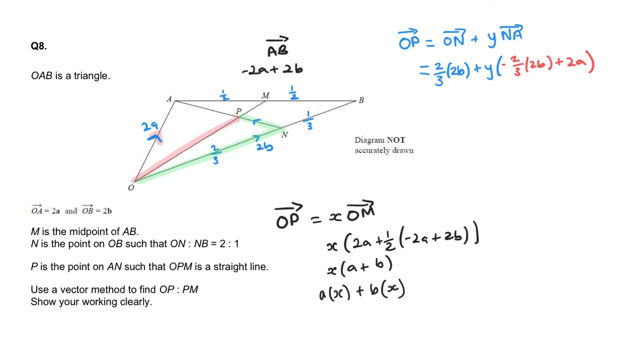So what is this going to give me? 4 over 3b minus 4 over 3by plus 2ya. However, what I'm going to do now is make sure I factorize out my a's and b's. So I'm going to get b lots of 4 over 3 minus 4 over 3y plus a lots of 2y.